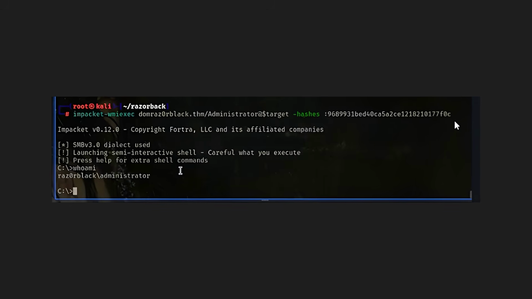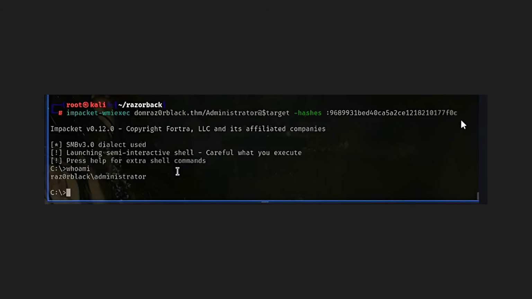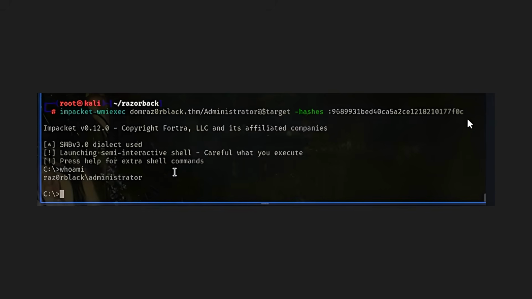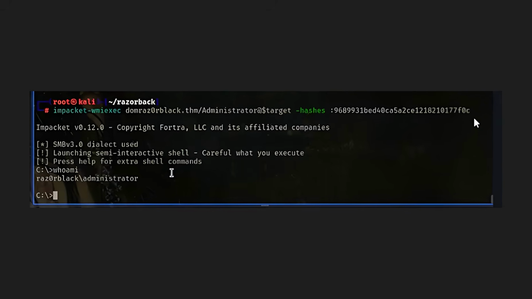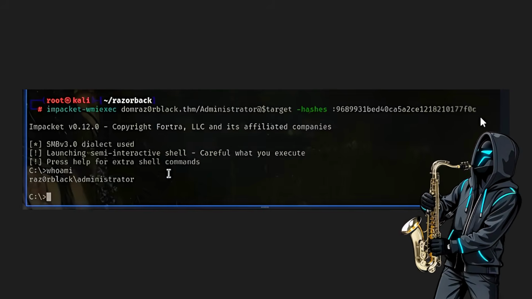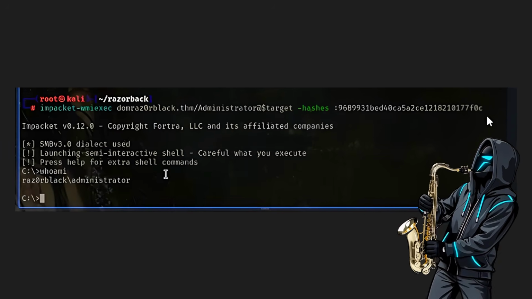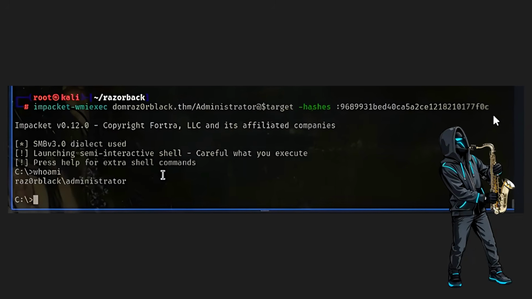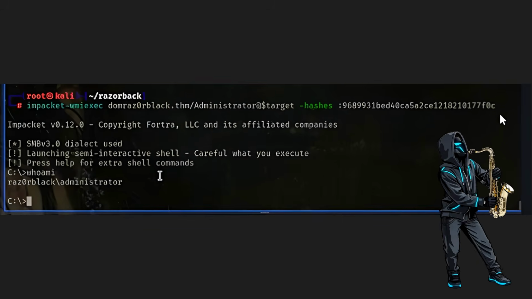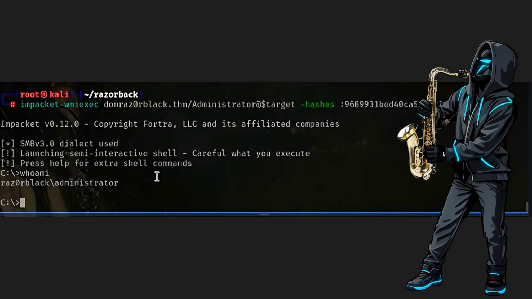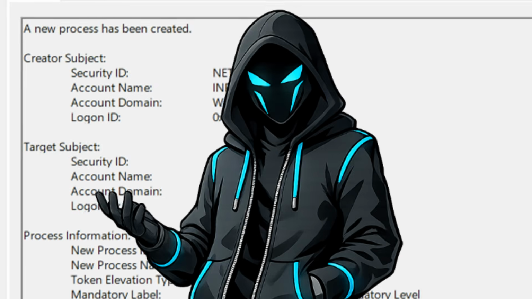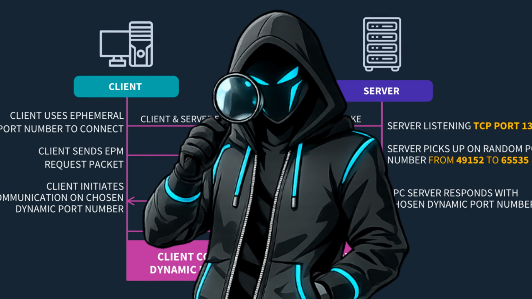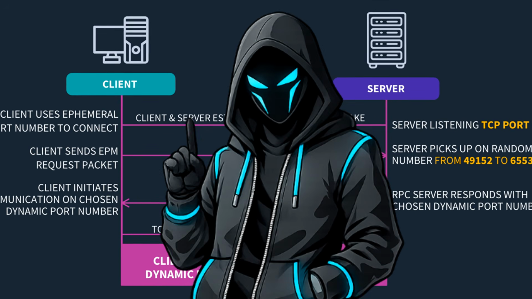Now, the last question, we can see that we are using this tool right here. And I want to ask you, over what protocol does this tool operate? Okay, and what protocol is this tool using to get a shell? What do you think? The answer is RPC. So it uses essentially WMI, but the WMI goes over the RPC or 135 protocol.